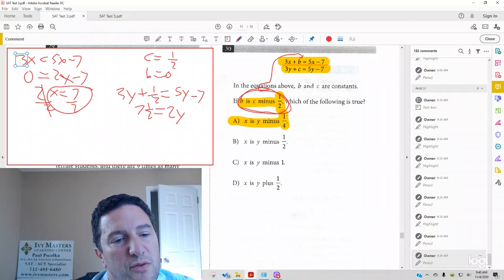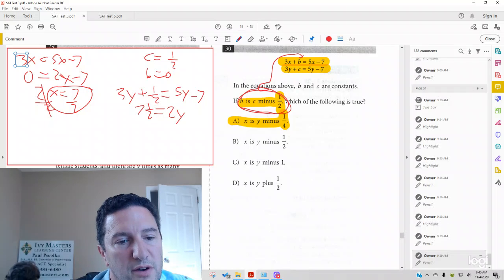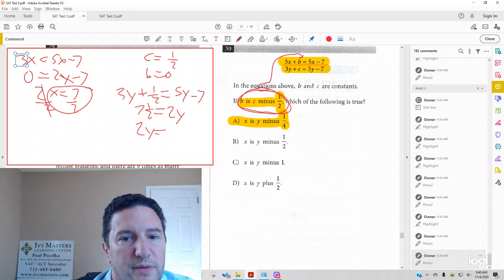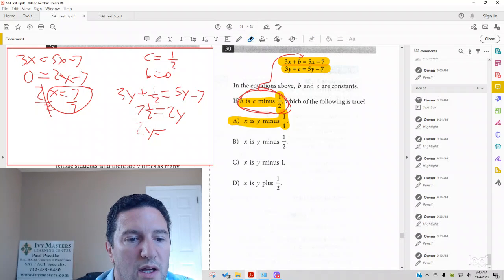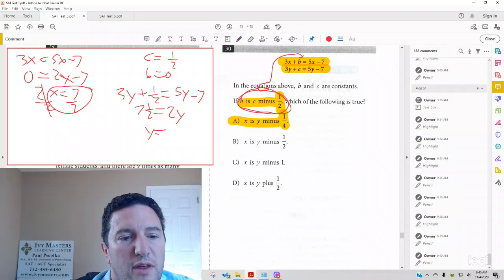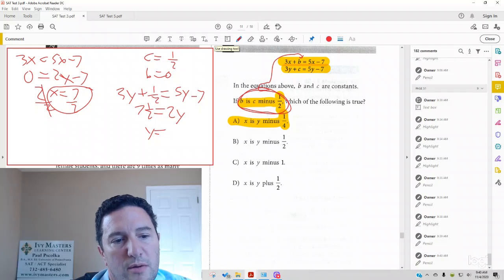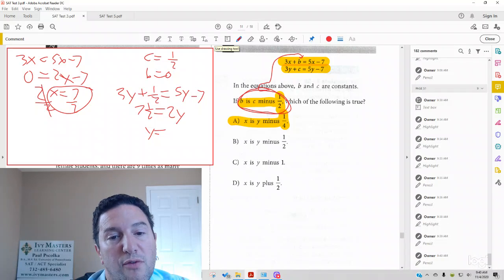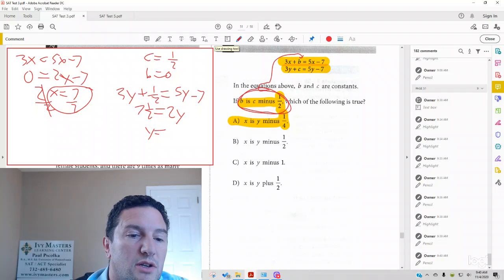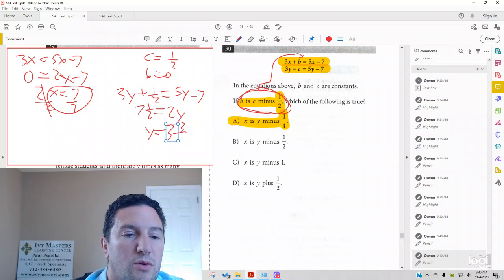If we divide both sides by 2, and this is with calc math, so you could use your calculator, what you'd get is y. If you think of 7, half of 7 is 3.5. Half of a half is a quarter. So it's going to be 3.5 plus a quarter. So it's going to be 3 3/4.